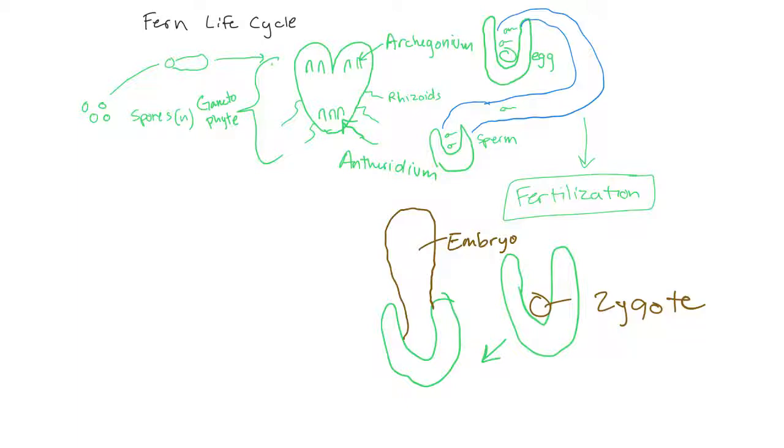The difference in ferns, however, is that eventually the gametophyte is discarded and no longer needed. Whereas in the moss, the sporophyte depends on the gametophyte. So this embryo will eventually develop into this fiddlehead.